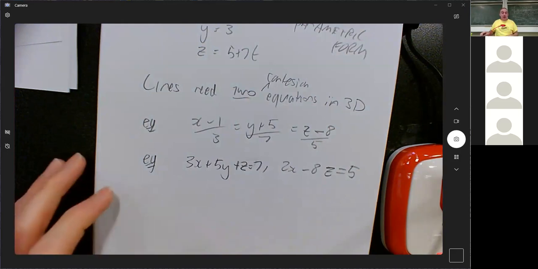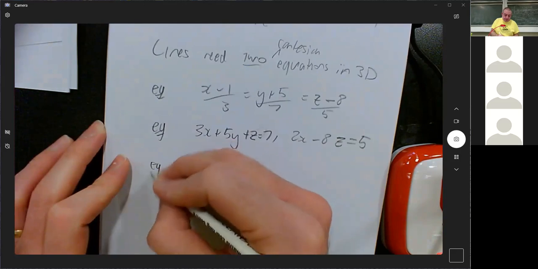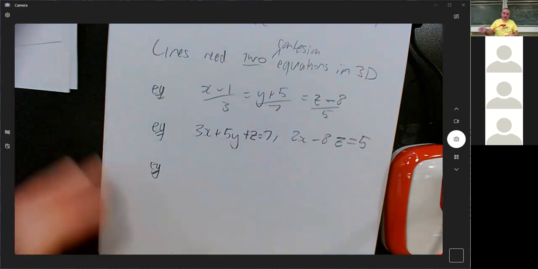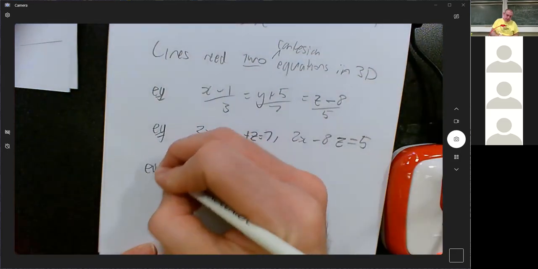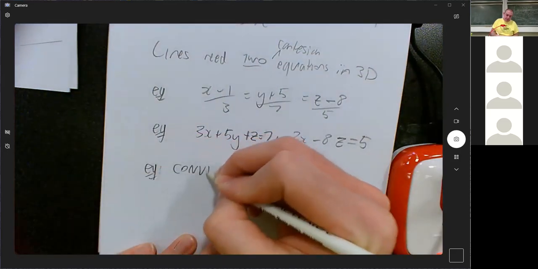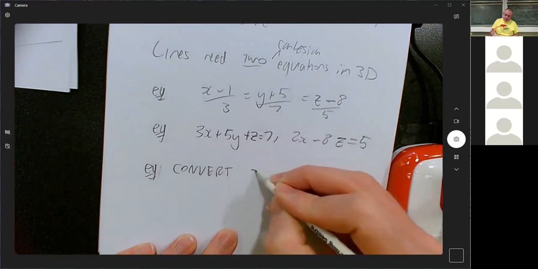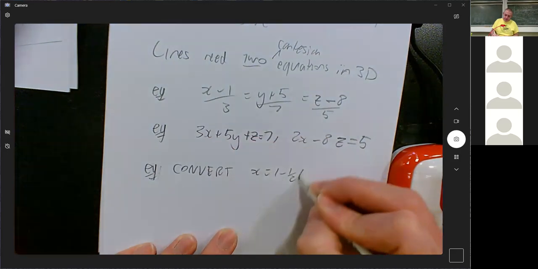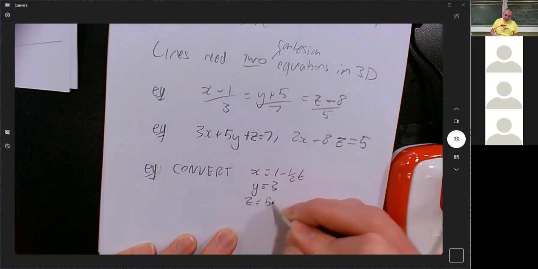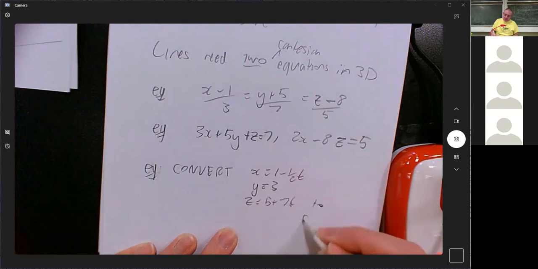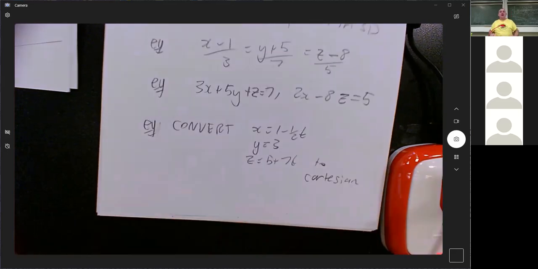And I am going to do one more. So here's my example. I'm going to convert this to Cartesian.